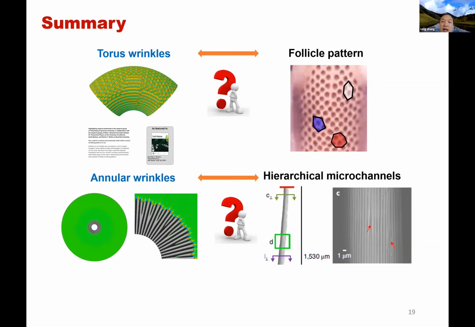Similarly, for the annular wrinkle and the hierarchical microchannels, as I mentioned, these two seem like a disconnected problem. But if we look carefully at the wrinkle bifurcation, we can find that they can be connected: you have a wrinkle on the microchannel, and then a new wrinkle forms, bifurcating from one wrinkle to two, similar to the annular wrinkle.